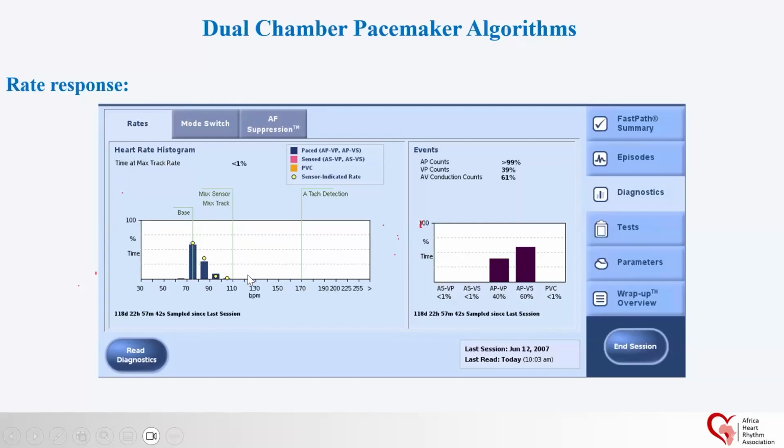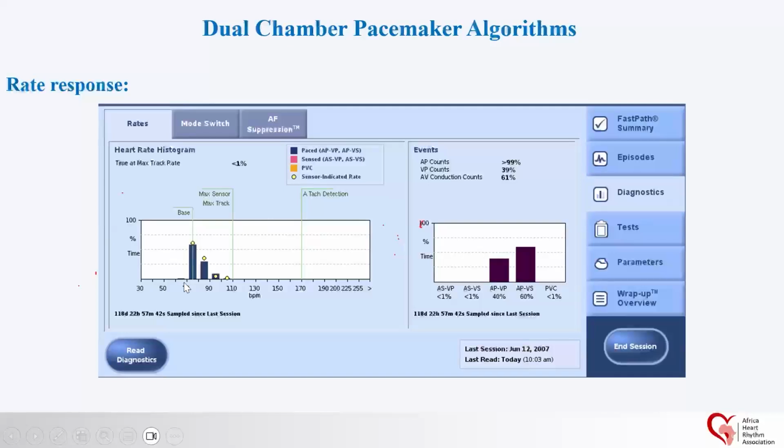So in this case, we can see that this patient benefits from the sensor, or the rate response supports the patient's rate. Here we have the sensor indicated rate.